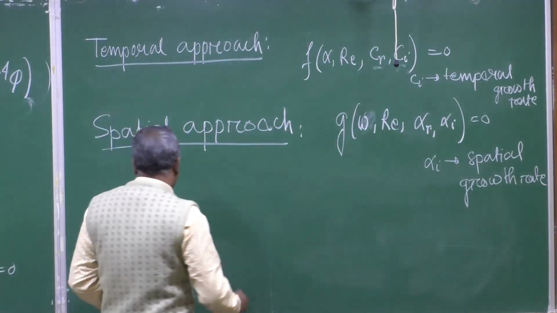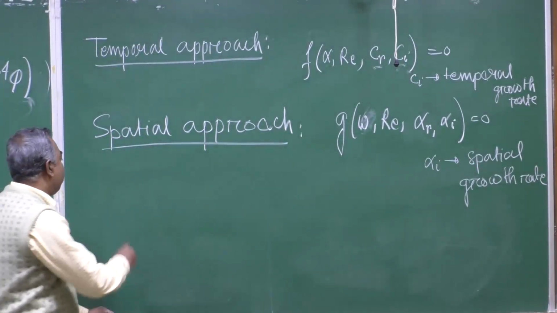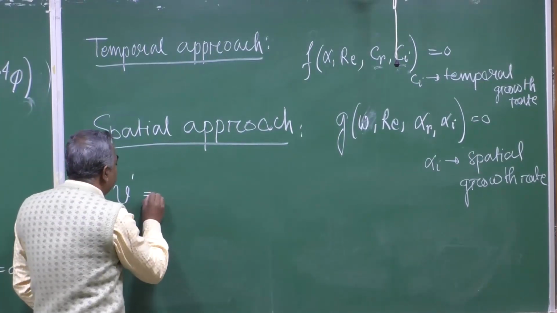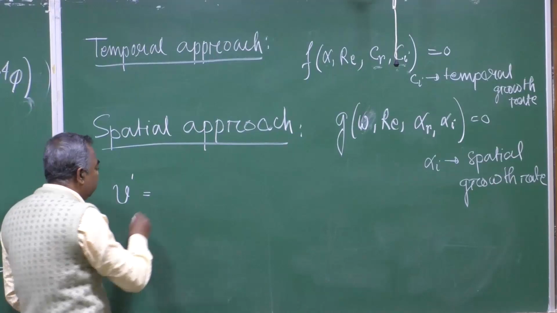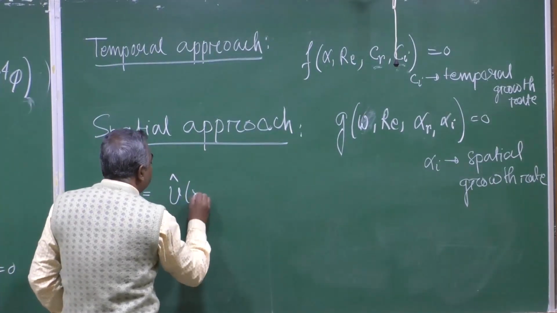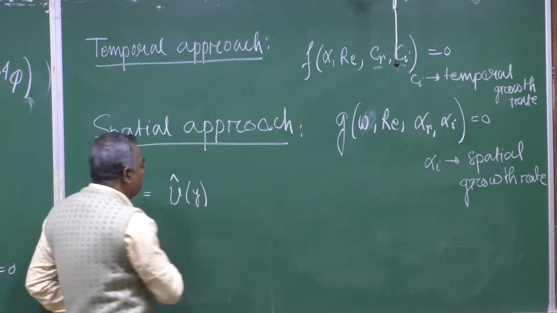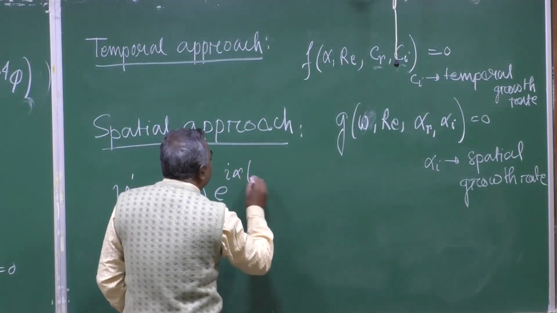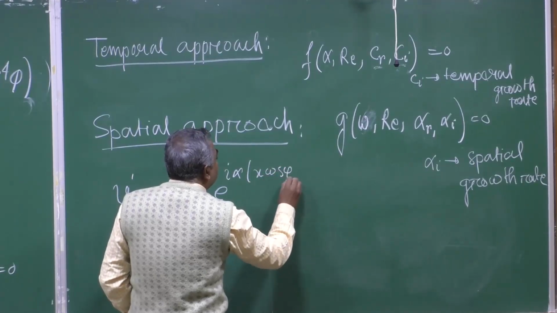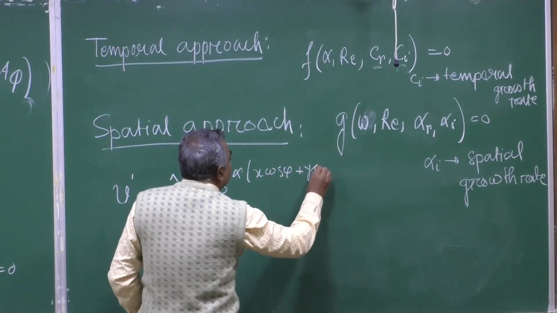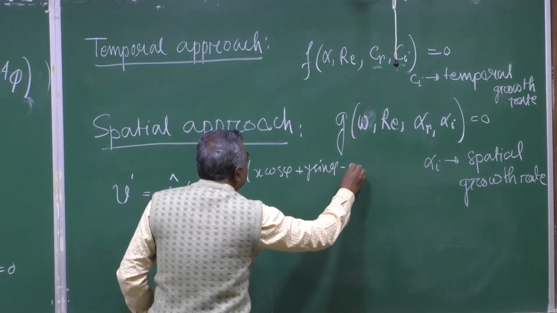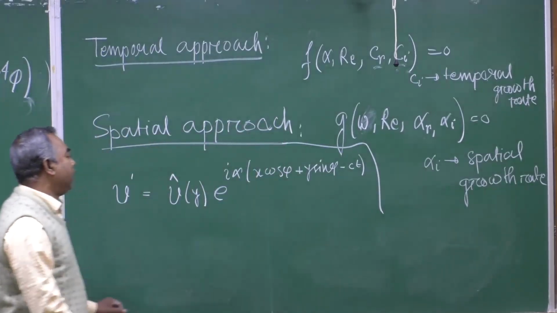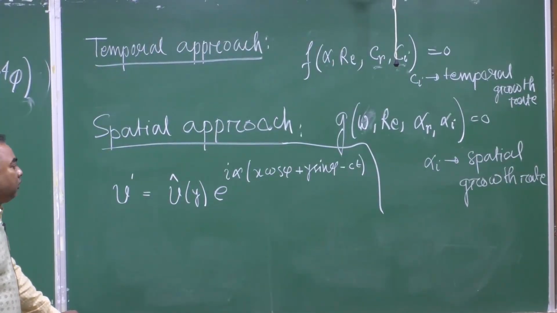Why? Let us see. If you can remember, we considered V prime, prime meaning the disturbance quantity, equal to V hat, which was a function of y, times exponential of I alpha x cosine phi plus y sin phi minus c t. This was our normal mode consideration from the last two classes.